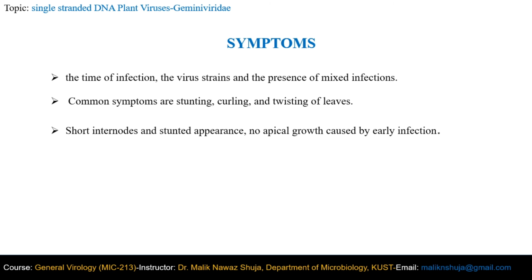When it starts rolling, the rolling may be in the upward direction or in the downward direction, and sometimes the leaf looks like a cup. The cup may be upward or downward; there is no such report. In one variety, upward curling has been reported, and in some cultivars, downward movement has been reported.